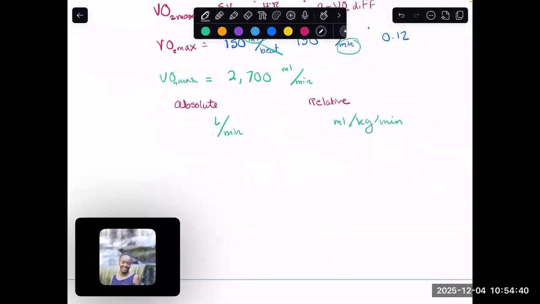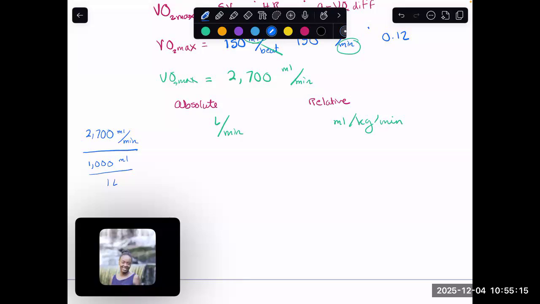So to get this in absolute terms, 1 liter is 1,000 milliliters. So 2,700 milliliters per minute, we're going to divide this by 1,000 milliliters over 1 liter.